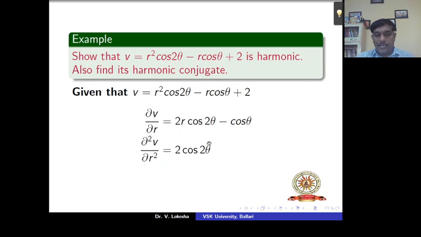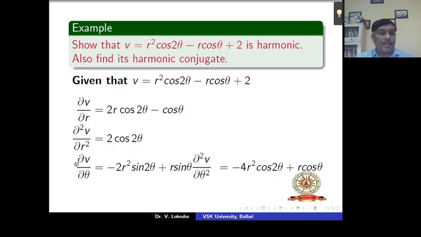here. Similarly, next we can find ∂v/∂θ. Here r² is constant, cos 2θ can be differentiated, that becomes minus 2 sin 2θ into 2, that becomes minus 2r² sin 2θ, plus here r cos θ is there, r into sin θ, cos θ becomes sin θ.